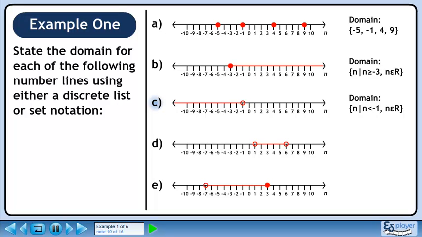The condition is n is less than -1. Since it's an open endpoint, do not use the less than or equal symbol, just use the less than symbol. We read this as, the domain is n, such that n is less than -1, where n belongs to the set of real numbers.